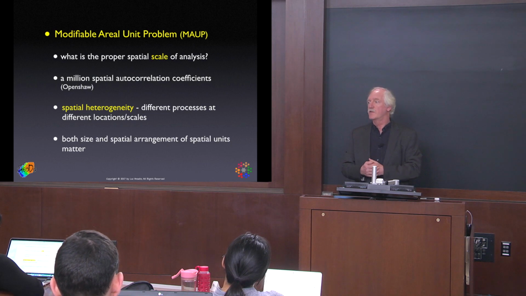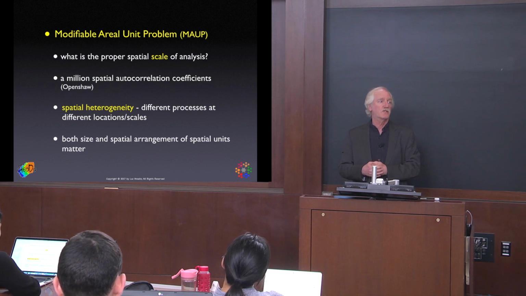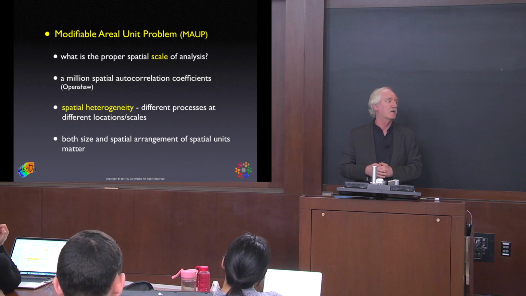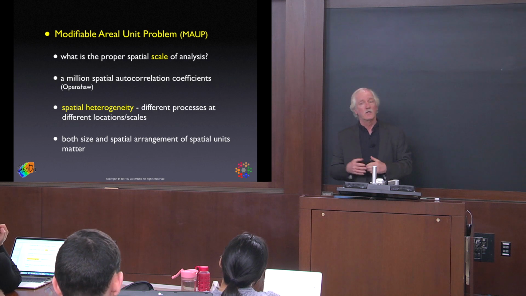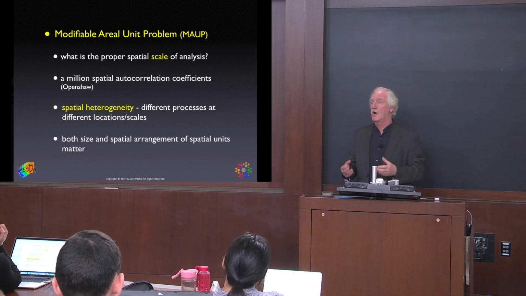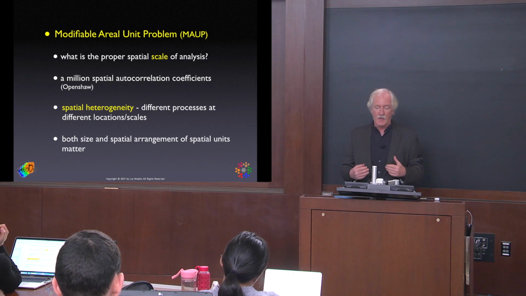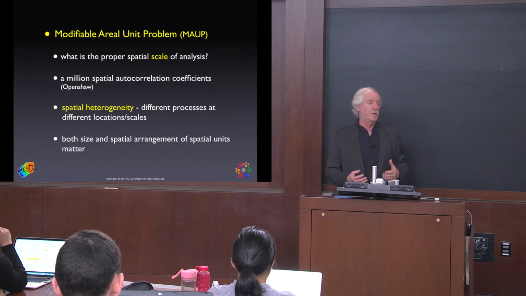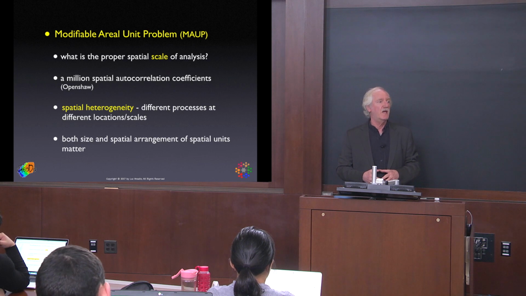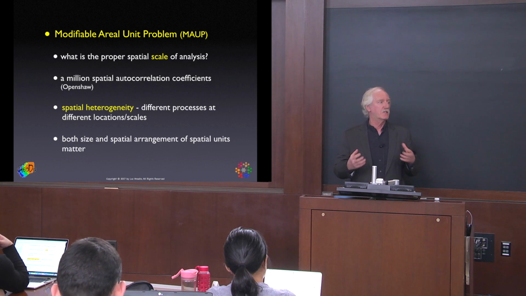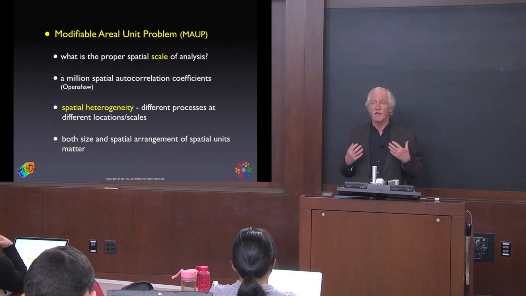And what he observed is that, in fact, this autocorrelation coefficient not only changed in magnitude, but also changed in sign. So in other words, the results of the analysis are a function of the scale at which you do the analysis. And that's a problem. And that's not specific to space, but in spatial analysis, it's in your face, because you really have to deal with this.